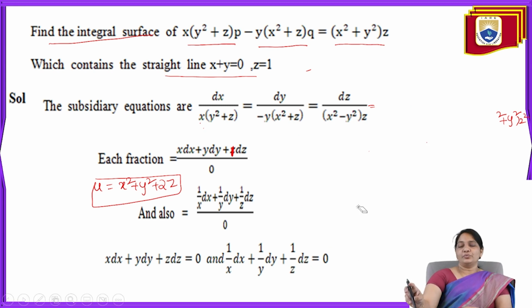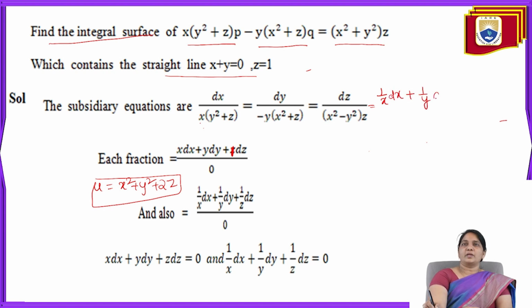Now I am going to use another set of multipliers. So that is 1 by x into dx plus 1 by y into dy plus 1 by z into dz.